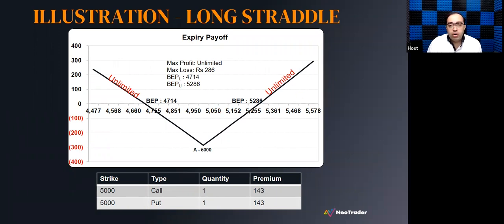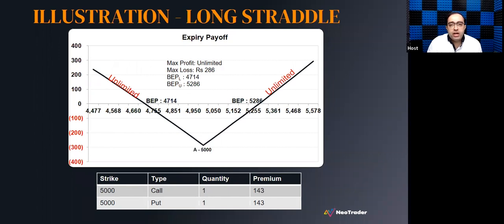Here you are buying the same strike call and put, because you are expecting कि कौन से साइड पे भी मार्केट जा सकता है. At present, it is not very sure. In this scenario, your break-even point: you are protected on the downside till 4714, on the upside till 5286.